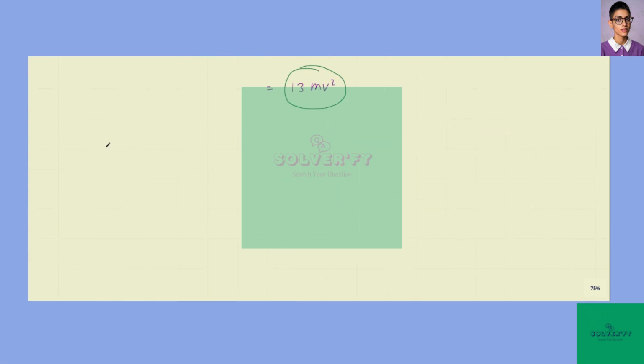Now the angular momentum about point O is by definition the sum of the position vectors crossed with the momentum vectors of each particle, mi, so ri cross mi vi.